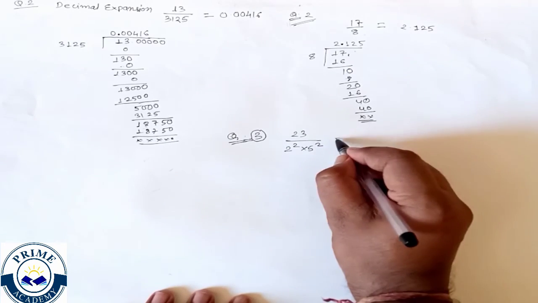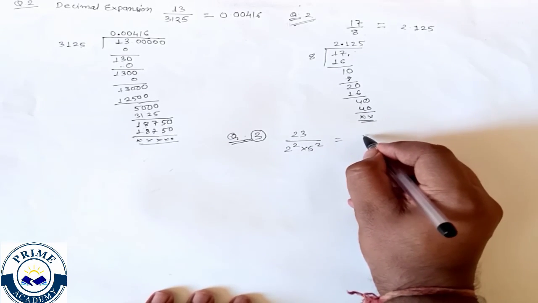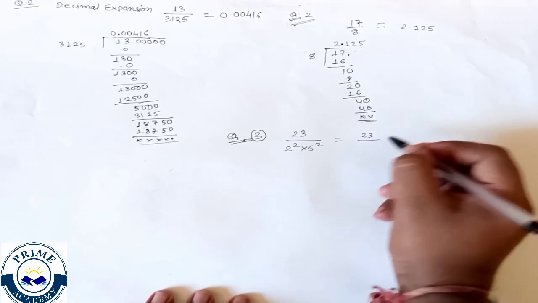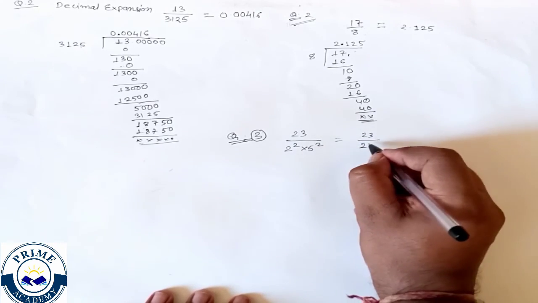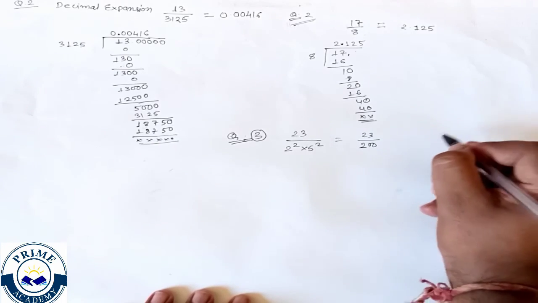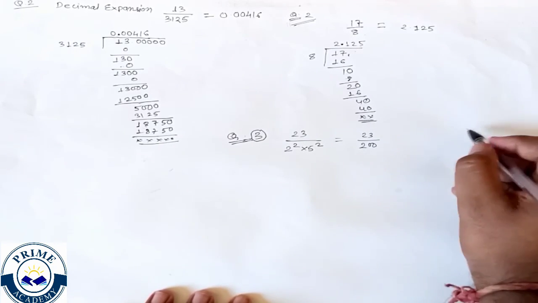So for the decimal expansion, we just divide 23 upon, this will be 25 and 4, so this will be 200. So what will you do, you just divide it.